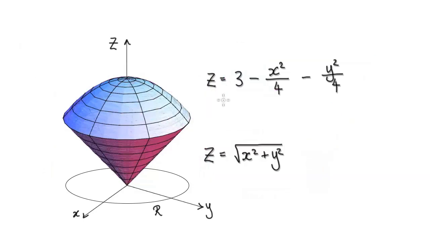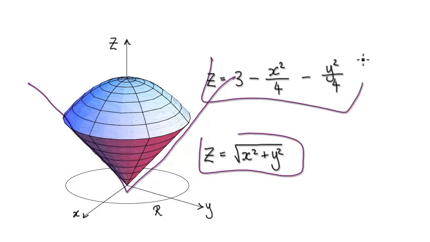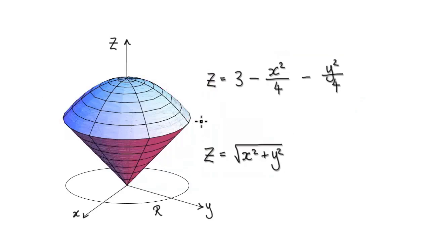But in order to work out the volume, we need to work out the region over which we're integrating, this region here. To come up with this region, we need to find the intersection of the cone and the surface, the paraboloid. It intersects along here.